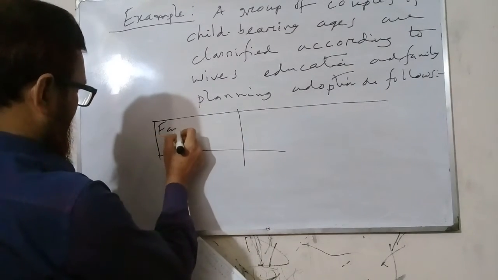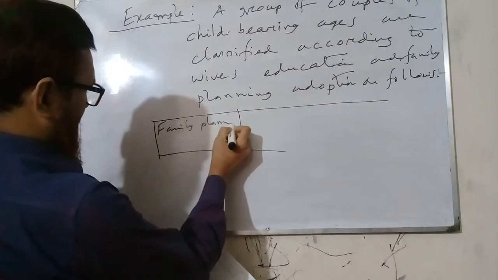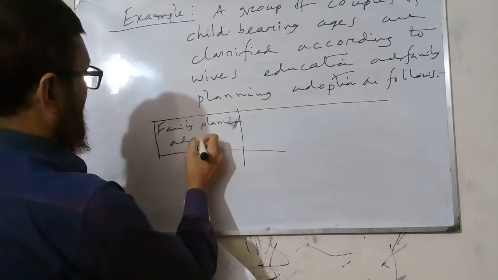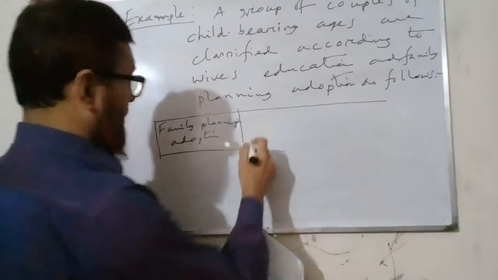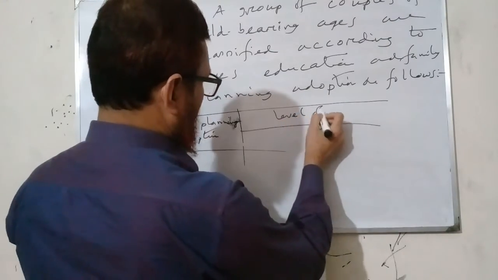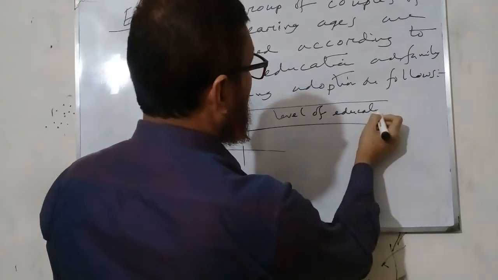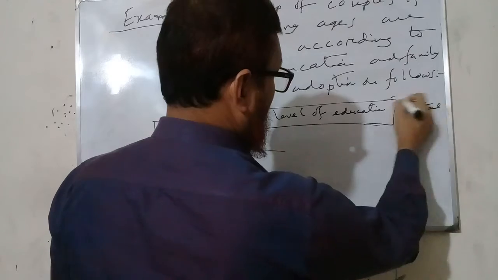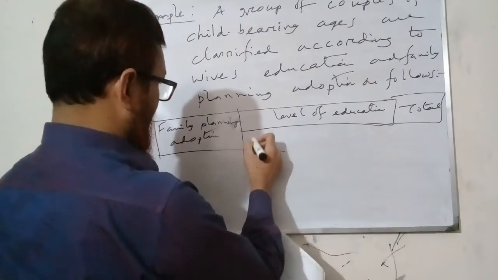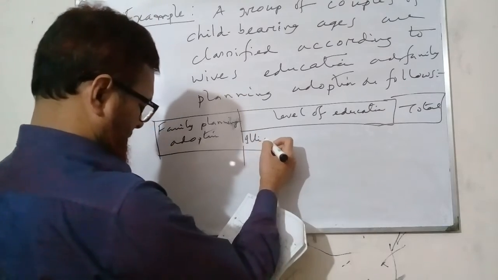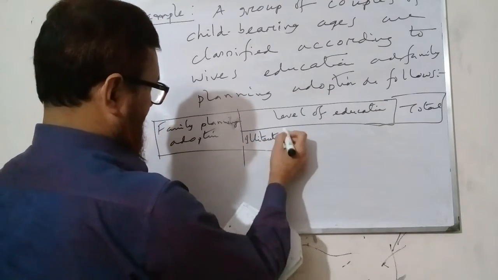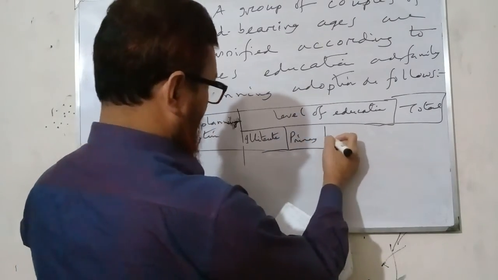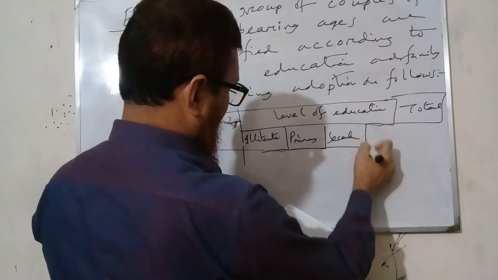Family planning adoption against level of education: illiterate, primary, secondary, tertiary, higher, total.